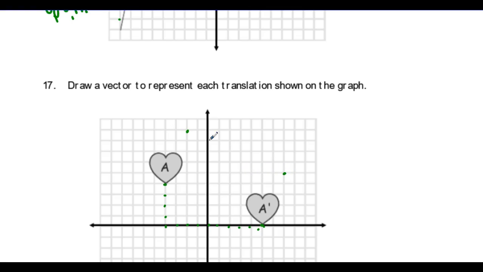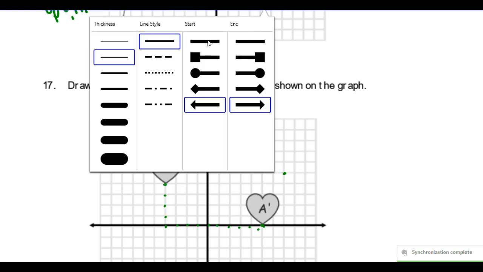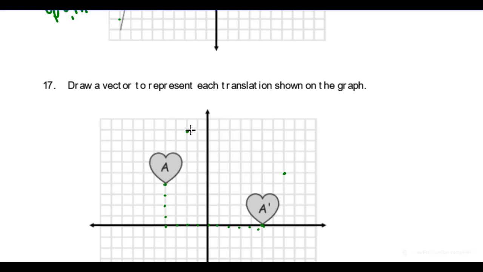So I need to connect that with a line. There we have a vector. Just make sure you can tell that those are the arrows.